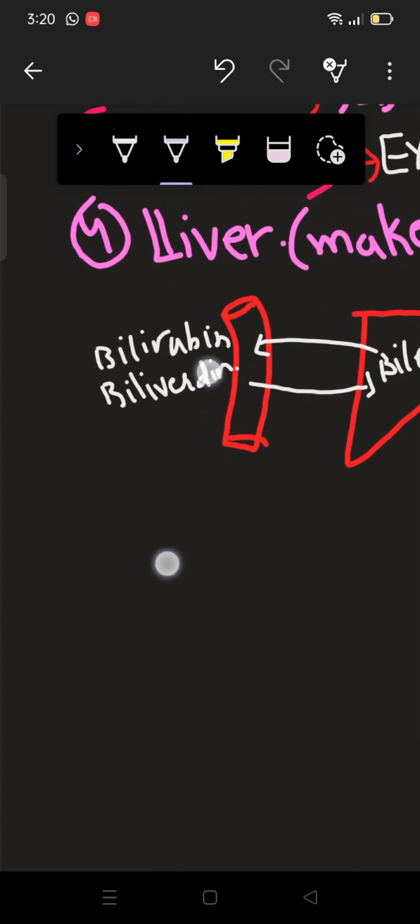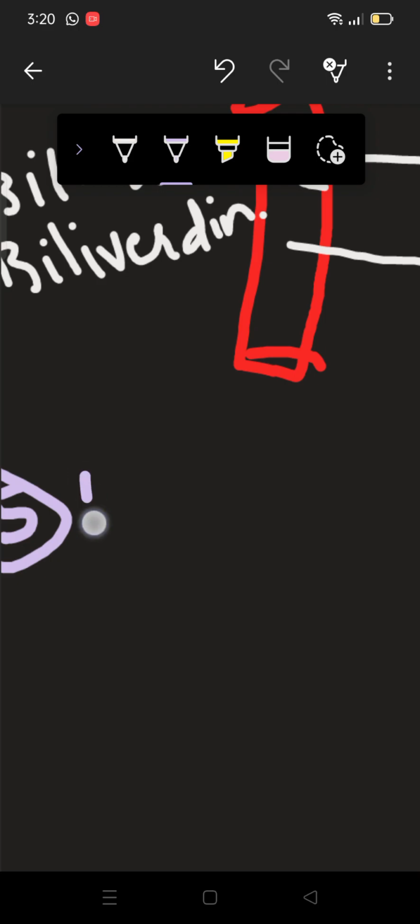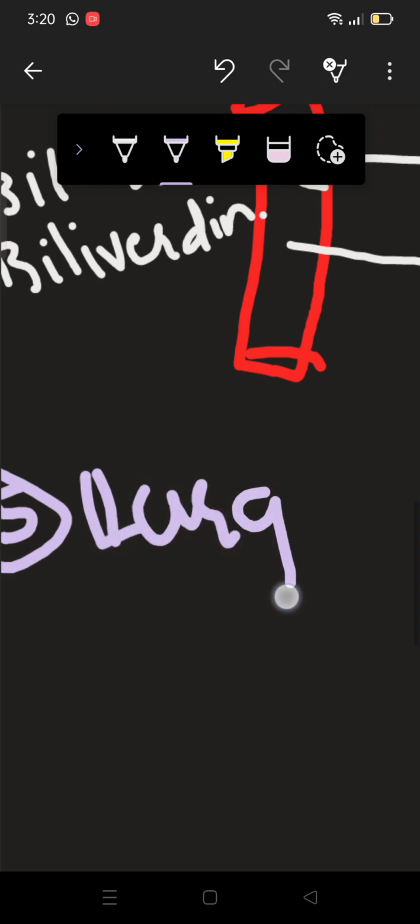Then again, we have the small intestine as well as the large intestine. As we know, defecation is happening. So here, number five, the anus or large intestine.